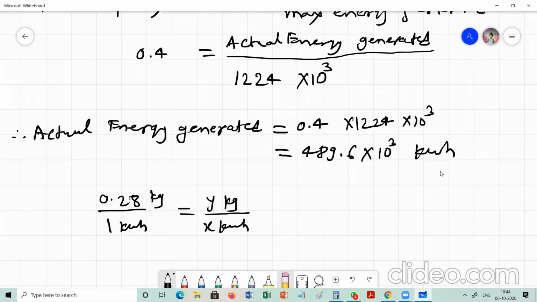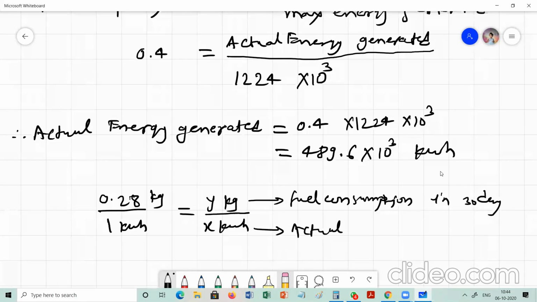Y kilogram we have said is the fuel consumption in 30 days, and X kWh is the actual energy generated in 30 days.